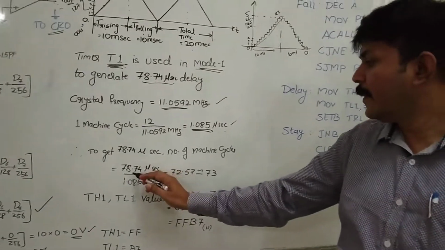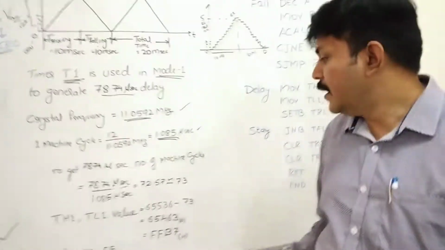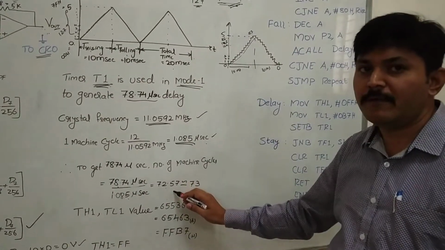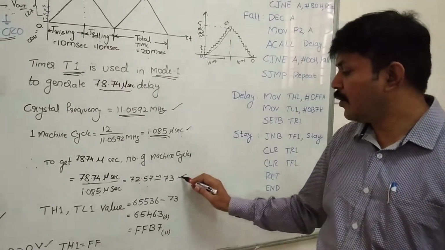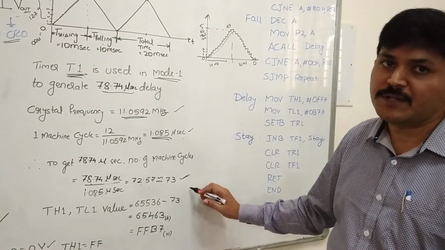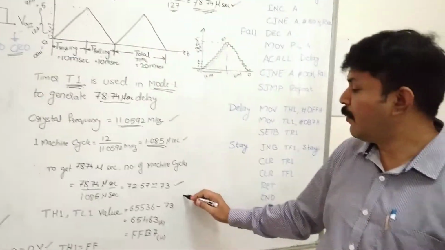When I divide the required time by the time of one machine cycle, it gives me 72.57, which I will approximate to 73. This is my total number of machine cycle counts in order to generate a delay of 78.74 microseconds.